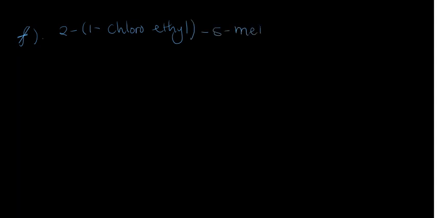Okay, so we start with the longest carbon chain, which is heptanal. Hept means we have 7, so draw the carbon chain of 7: 2, 3, 4, 5, 6, 7. Then we ask, is this a ketone or an aldehyde?